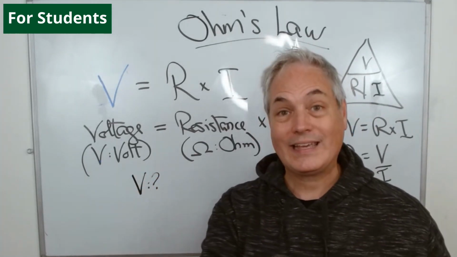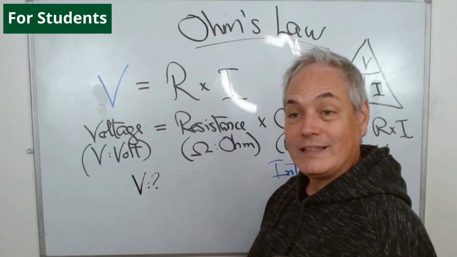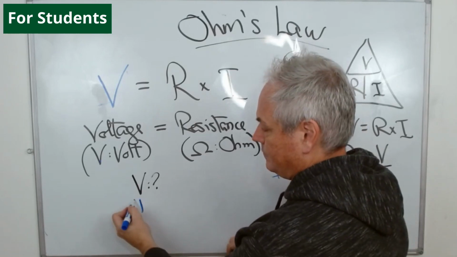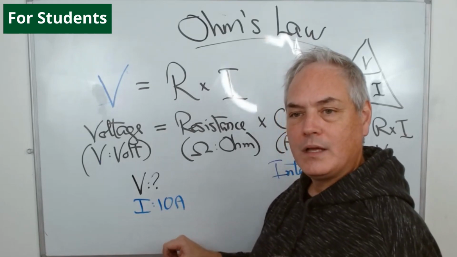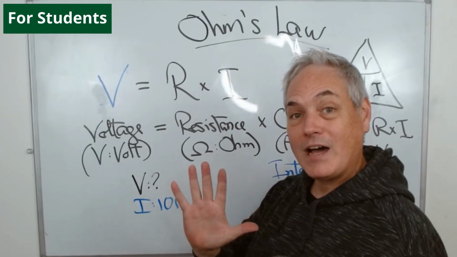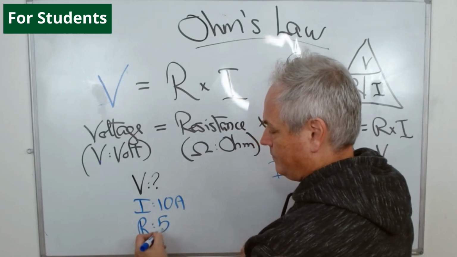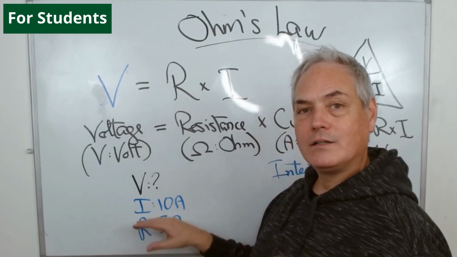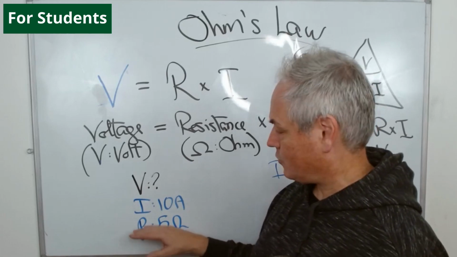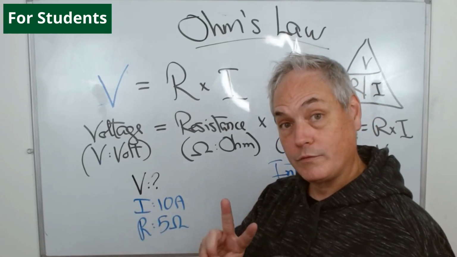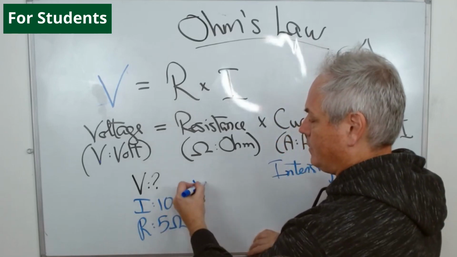The voltage is missing. We know the current is 10 amps, in a circuit that has 5 ohms of resistance. So I have 3 variables, but I have information for 2 of them. Let's find the missing one.